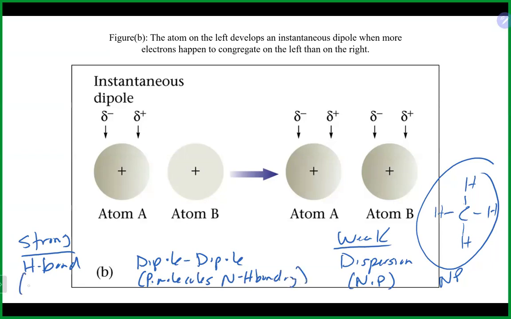And this is for polar molecules that can hydrogen bond. And again, these intermolecular forces are really important, as they account for a lot of the properties we see in terms of how particular molecules interact with other molecules. Any questions on any of those?